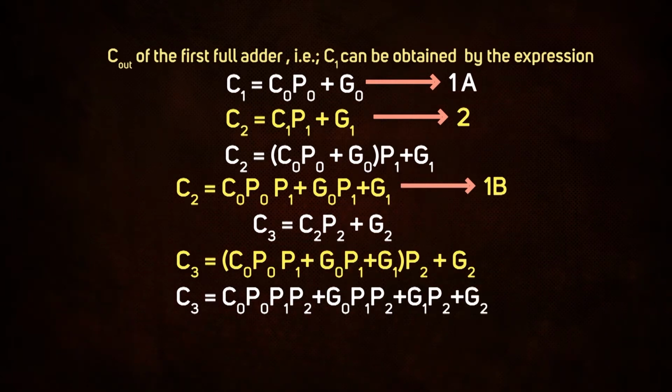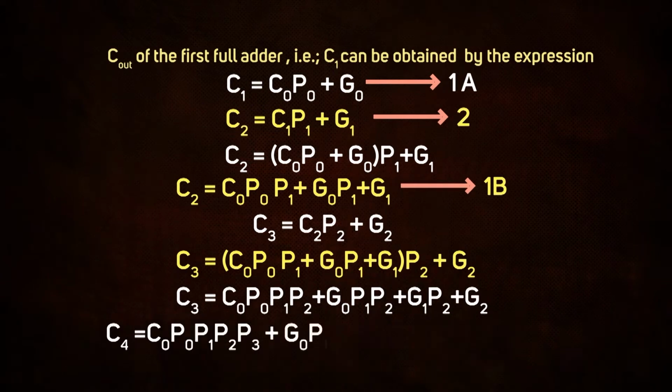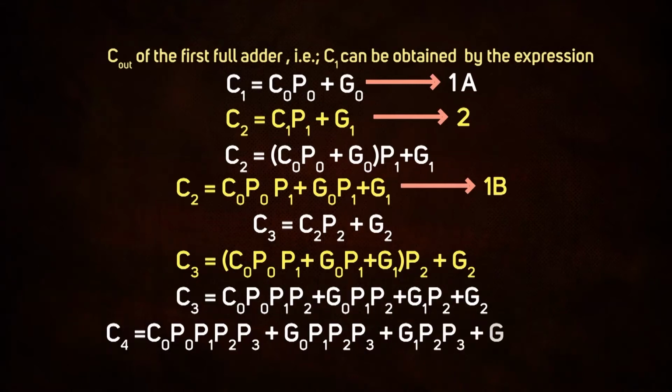Similarly, we obtain the final carry out and the expression is C4 equal to C0 P0 P1 P2 P3 plus G0 P1 P2 P3 plus G1 P2 P3 plus G2 P3 plus G3.